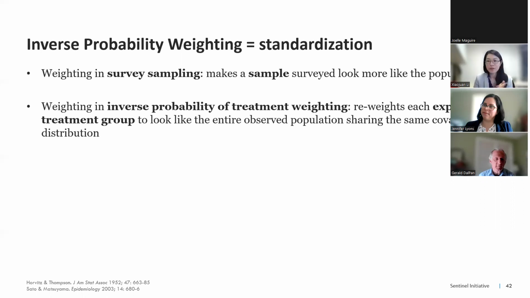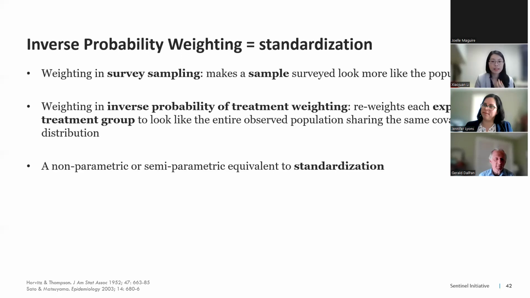If you are thinking that, you are not alone, and exactly, this is just like standardization, which is a common method used for confounding control, as we learned in EPI 101. And inverse probability weighting is just a way of standardization.